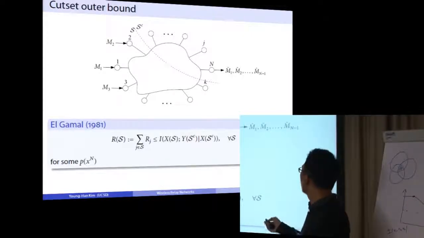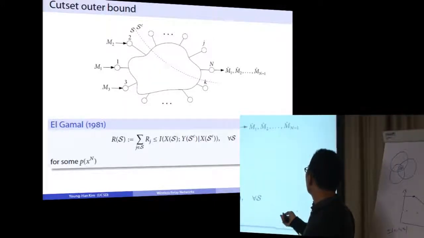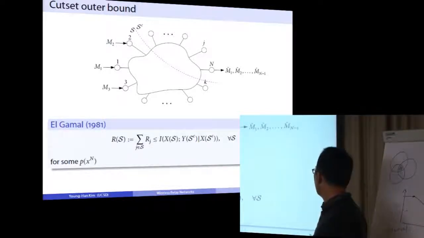Okay, so here I look at the messages on the S side, so look at their sum rate, and they are all to be decoded at destination node N. So I define the sum rate as Rs, and the cut-set bound states that for every cut that separates the final destination from any of the messages, the sum rate must be upper bounded by the mutual information between inputs on the S side and the outputs on the S complement side, given the inputs on the S complement side.